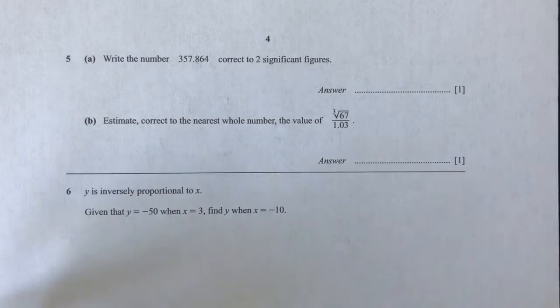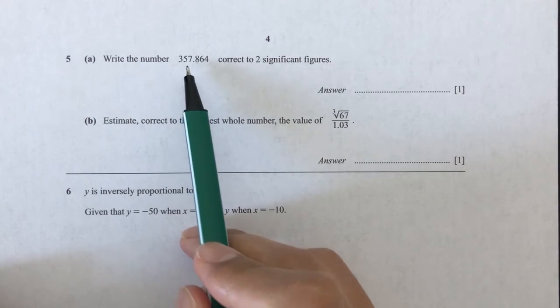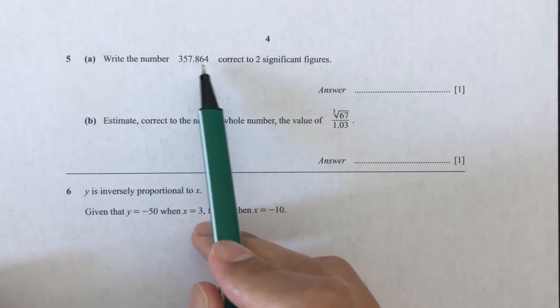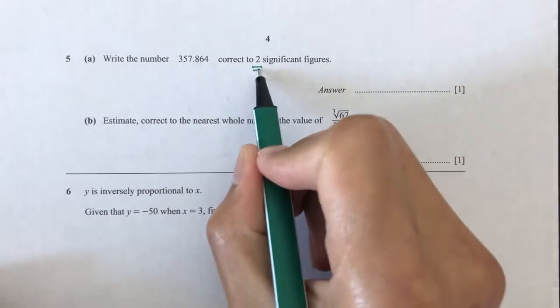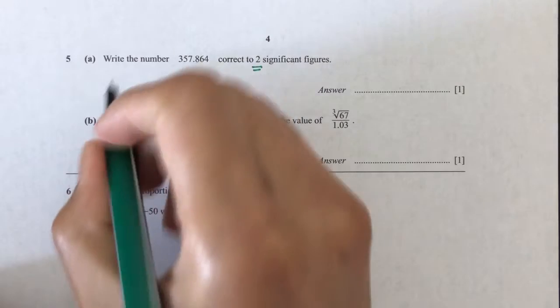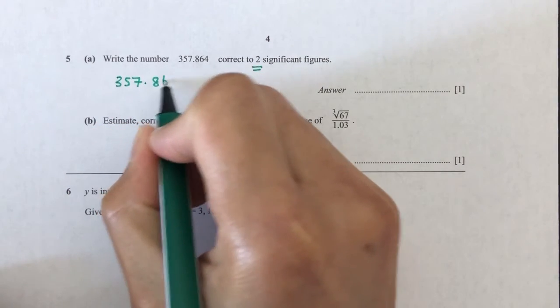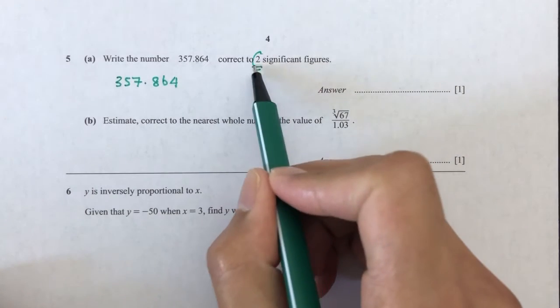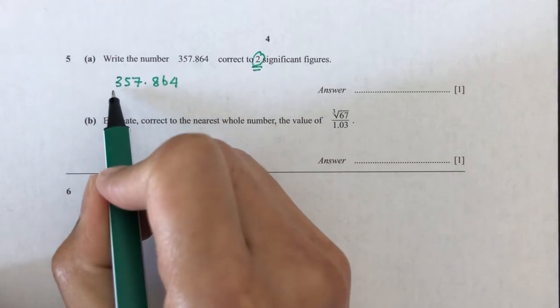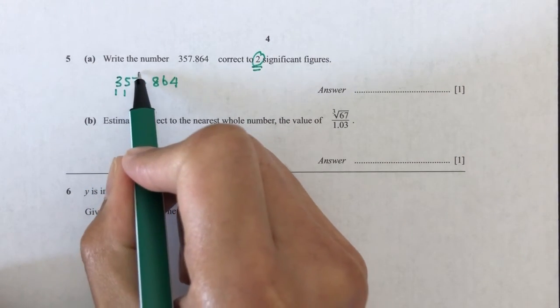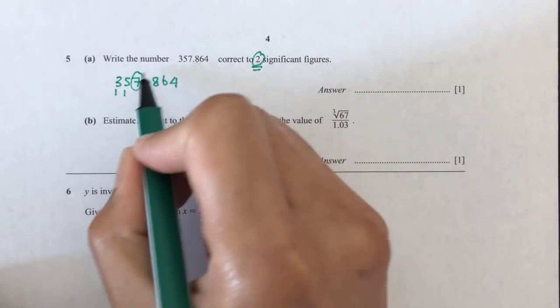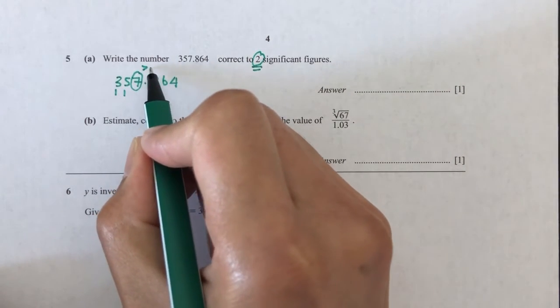Question number 5, part A. Write the number 357.864 correct to 2 significant figures. We can do this step by step. When you say correct to 2 significant figures, you keep the first 2 and then look at the third number. You ask yourself, is this number bigger than or equal to 5?